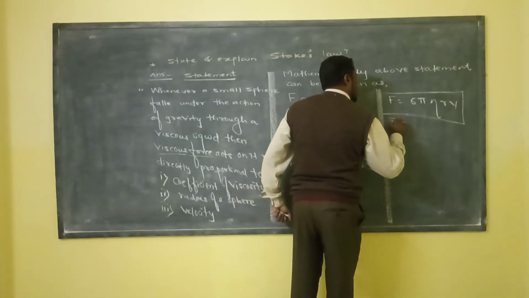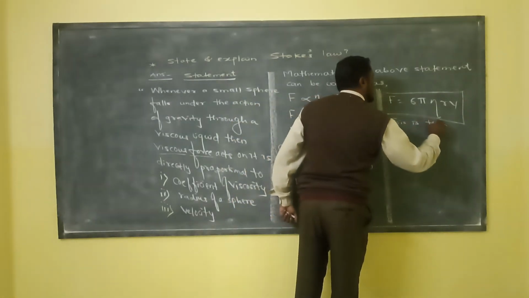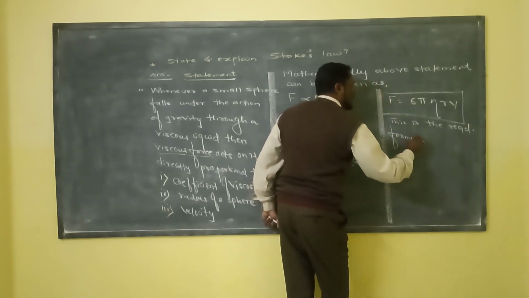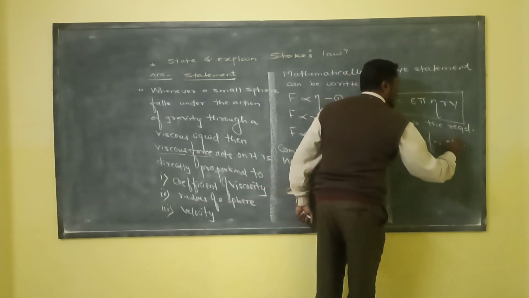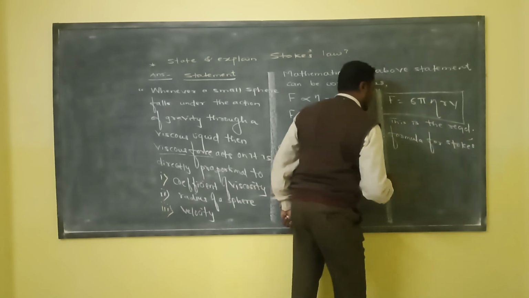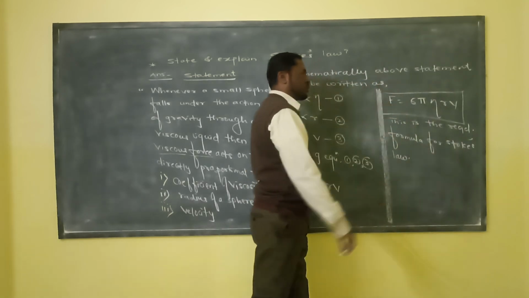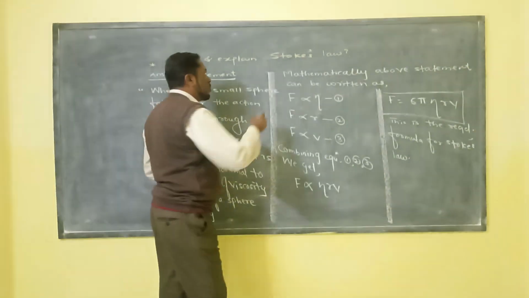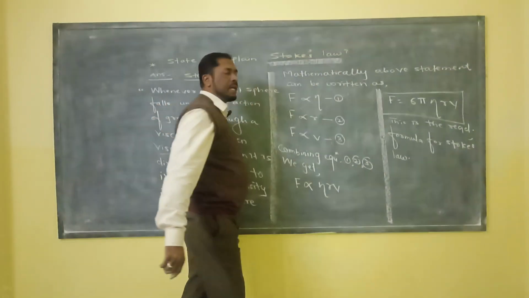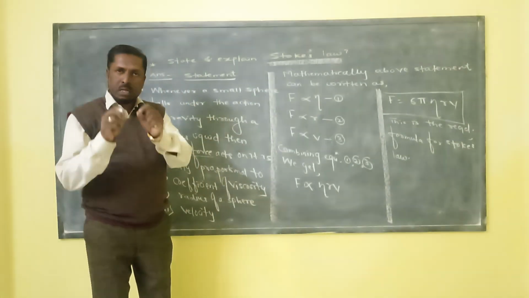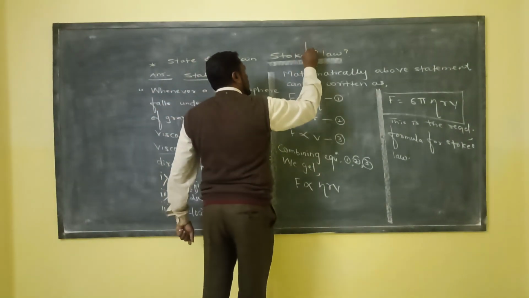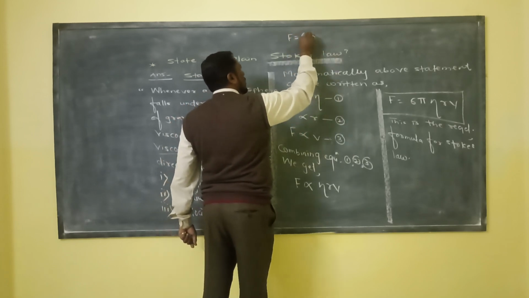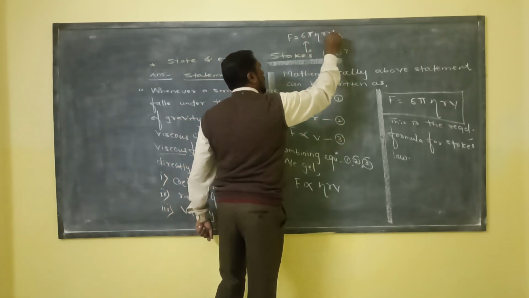This is the required formula for Stokes' law. Whenever a question is asked on Stokes, state and explain Stokes' law, you must be well familiar with its formula, F is equal to 6 pi eta RV.